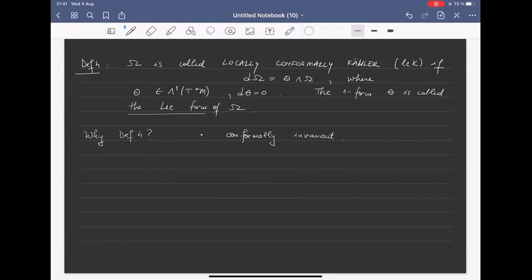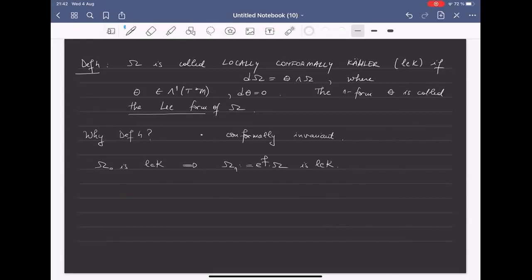By conformally invariant, I mean that if omega 0 is LCK, then any other metric conformal to this one is again LCK. So omega 1, which is a positive function multiplied with omega 0, is again LCK.